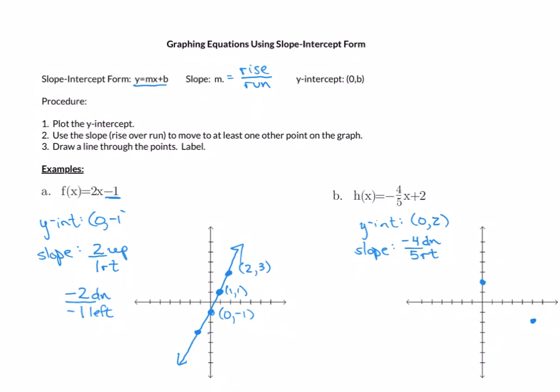I have that, so now I can go ahead and draw my line. It should look something like this. We label. To get to this other point, how do we get there? From the origin, we go 5 to the right and 2 down. So this point is (5, -2).